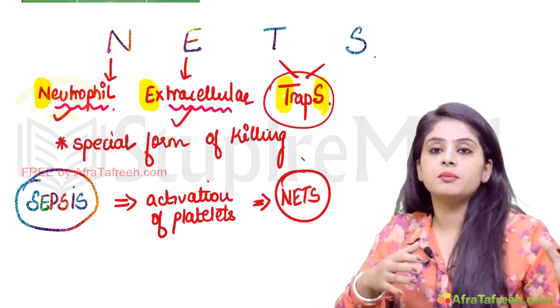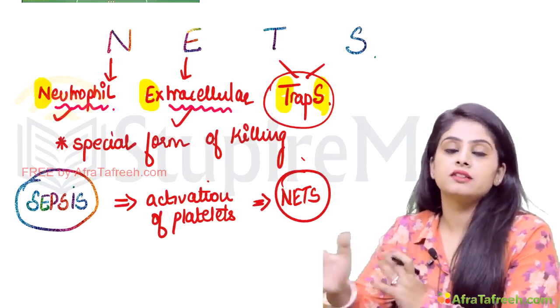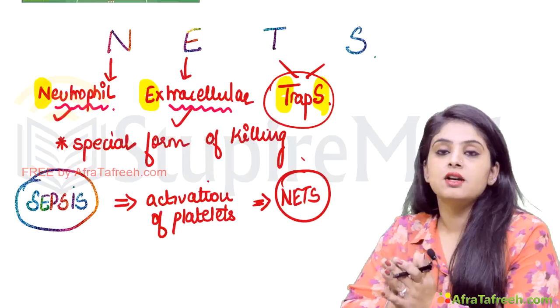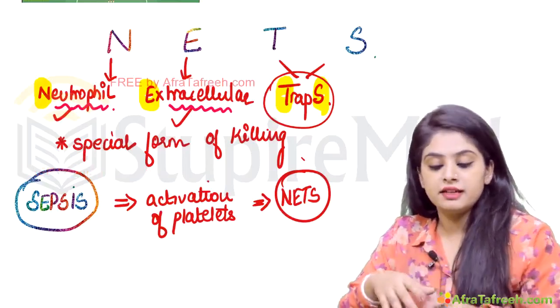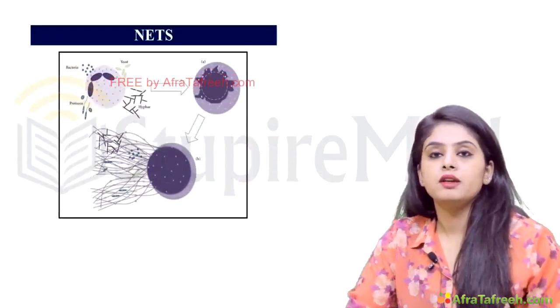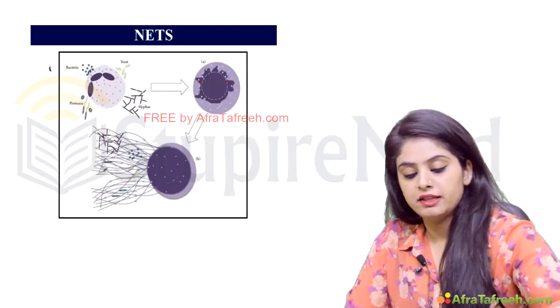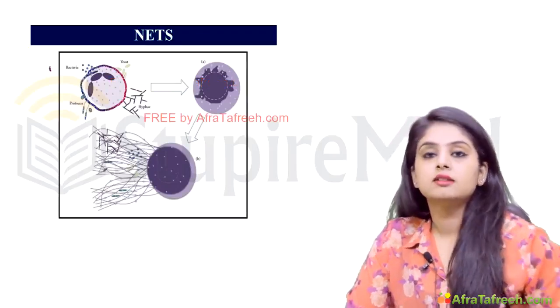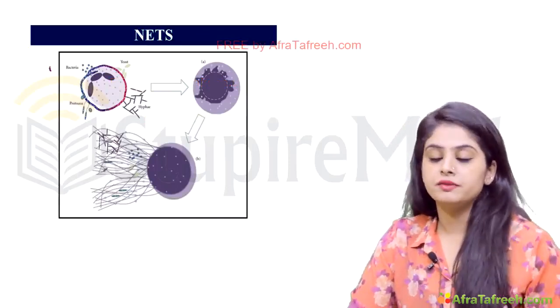So when the body is in sepsis, platelets get activated. Platelet activation eventually results in the formation of these NETs. Now what exactly is happening over here? Let's try to understand this with the help of a diagrammatic representation. Now students, for example, I've taken up a particular cell that you can see. I hope all of you can recognize three nuclear lobes. It is a neutrophil.